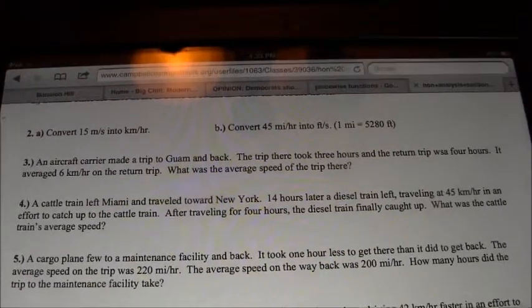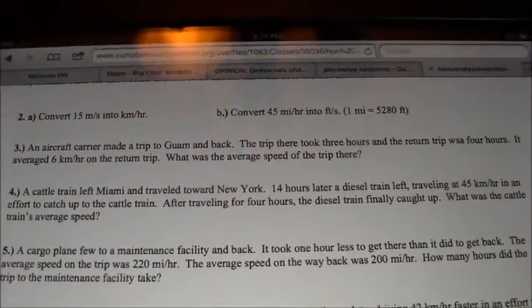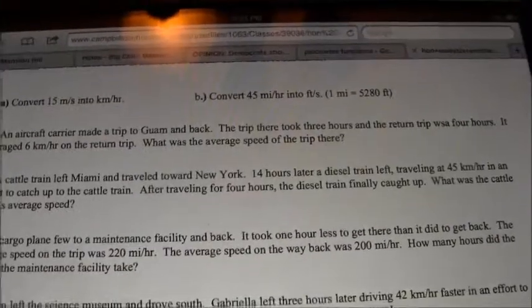Okay, you'll notice it doesn't tell me how far away Guam is, but we have that information. One thing that's good to do at the start of these problems is to list out the information that you know. The original trip was 3 hours. The return trip was 4.